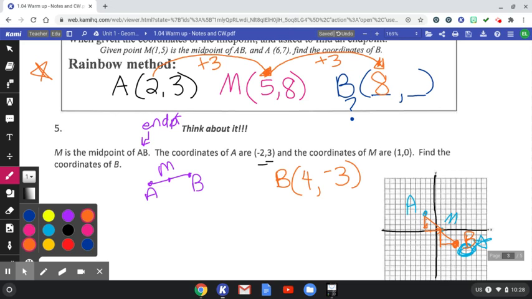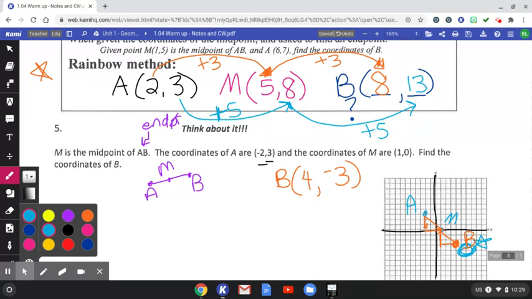Then we're going to find our y value. From 3 as the y value to 8 as a y value, we have to add 5. That moved us up 5, right? So now from 8, we have to move up 5 more to keep it the same. So the B value is 8 plus 5 more, which is 13.